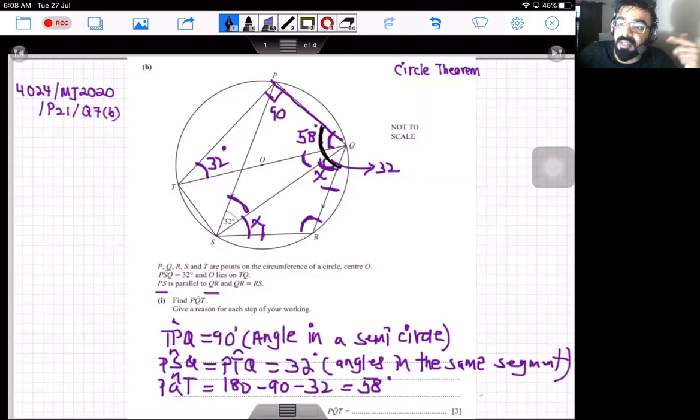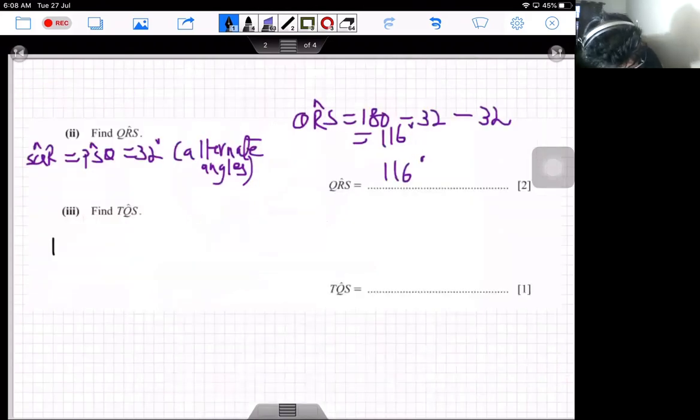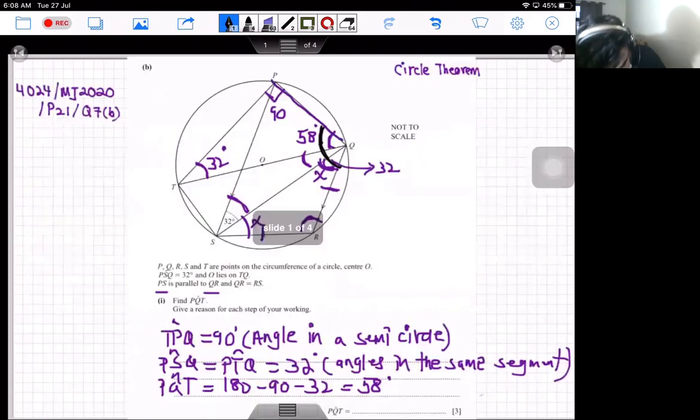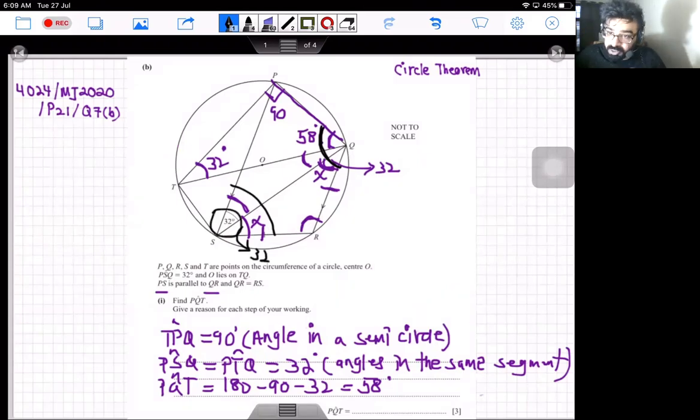This means that the sum of the opposite angles is equal to 180 degrees. This angle is 32 plus 32, because the unknown angle X was also 32, so this whole angle is 64, known as angle PSR.